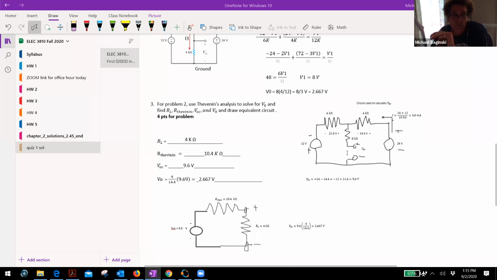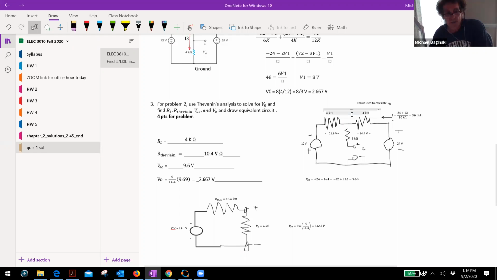So if I have 36 divided by 10K, that's 3.6 milliamps of current flowing around the outer loop, right? Now, again, this is the way I chose it. That would give rise to a voltage of what? Well, it would be 3.6 milliamps times 4K across here.